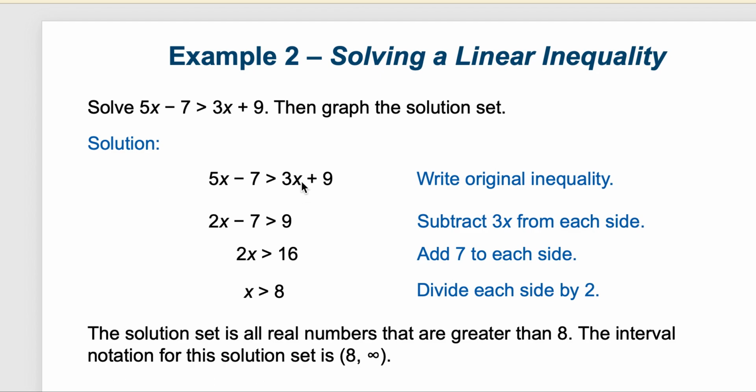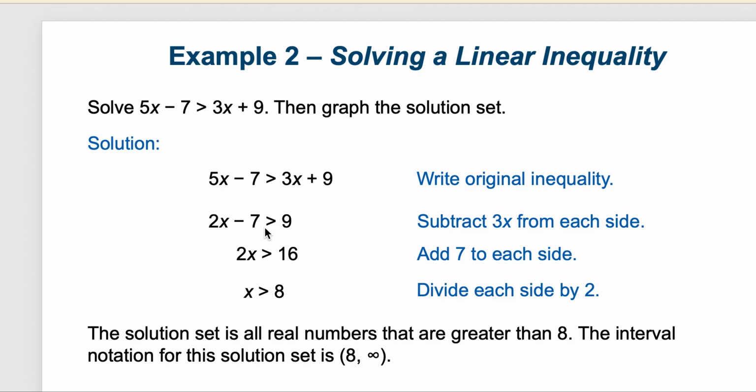To do that, we are going to subtract 3x from both sides. If you do that, you have 5x minus 3x on this side, which will give you 2x, and then you have negative 7 over here. And on this side, the 3x will vanish, and you have just 9 over here. Now you have 2x is greater than 16. Why? Because we added 7 on both sides, because we want to isolate this x.